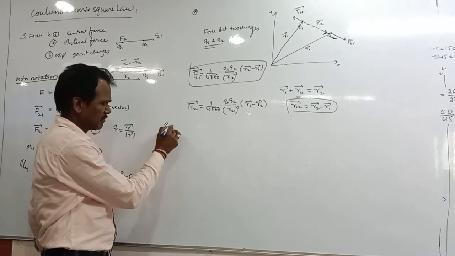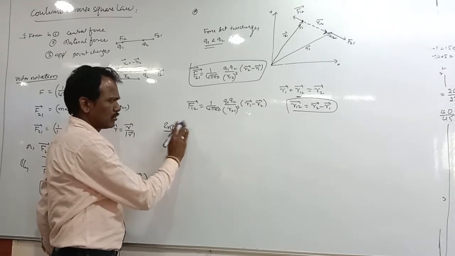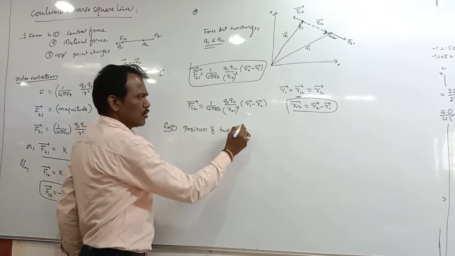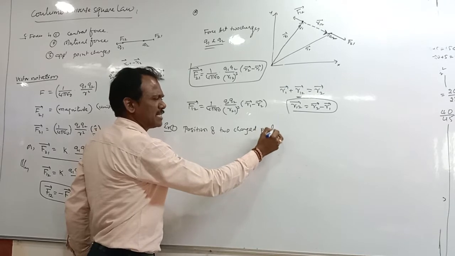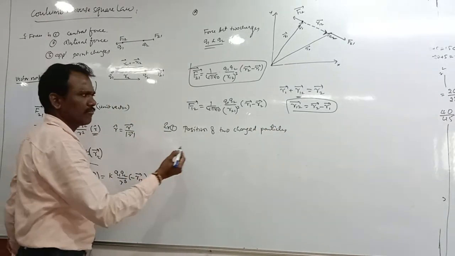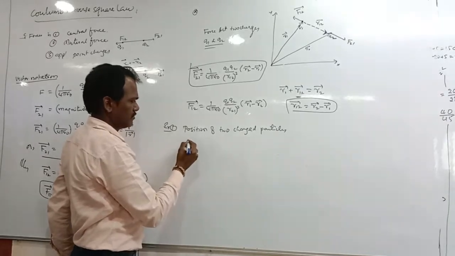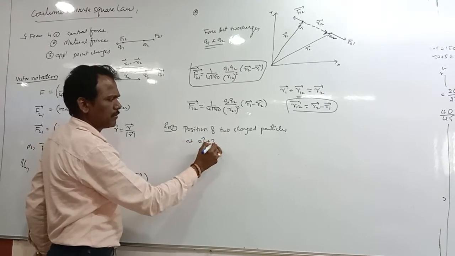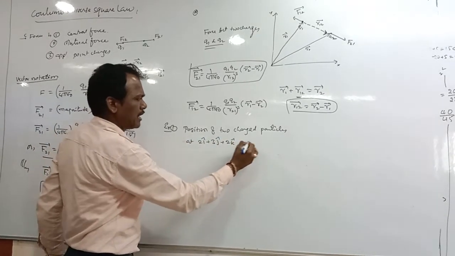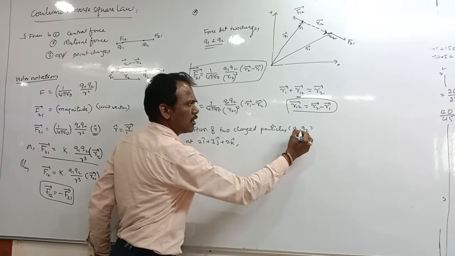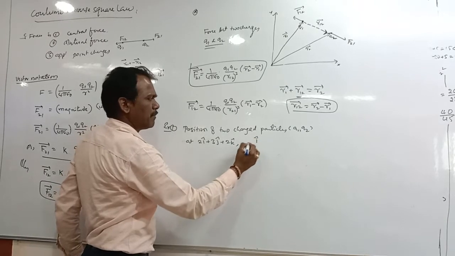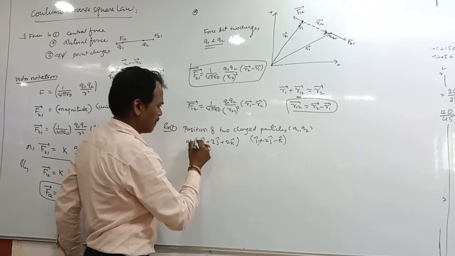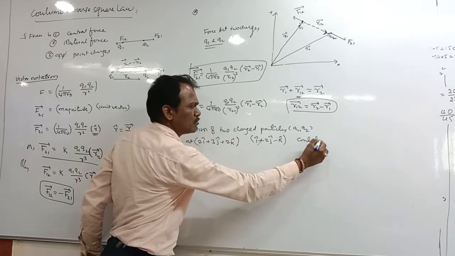See that, the positions of two charged particles at 2 i cap, 3 j cap, 2 k cap, q1, and i cap plus 2 j cap minus k cap, q2, coulombs, right?